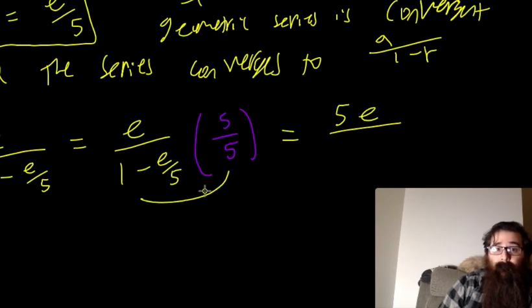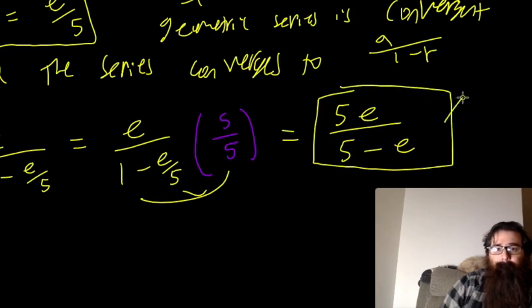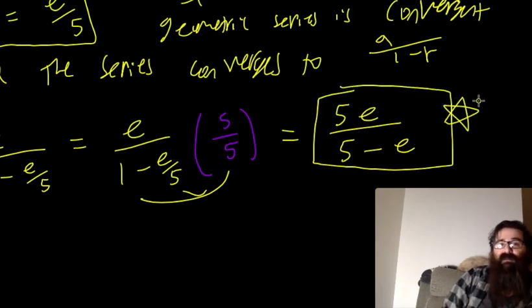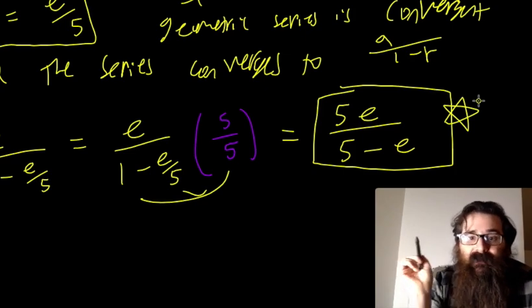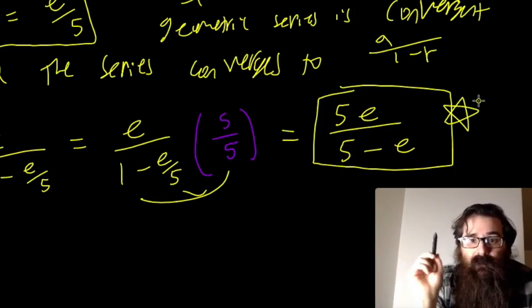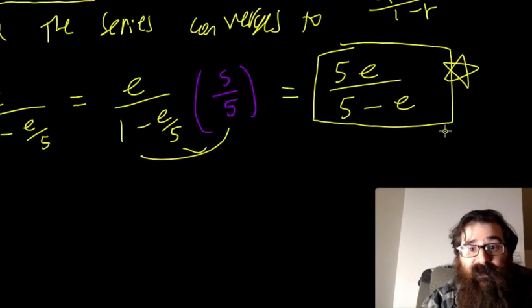Distribute in the bottom, 5 times 1 is 5, minus 5 times e over 5 is just going to give me e. And that looks really nice. So not only is the geometric series convergent, I can tell you what it converges to. It converges to 5e divided by 5 minus e.